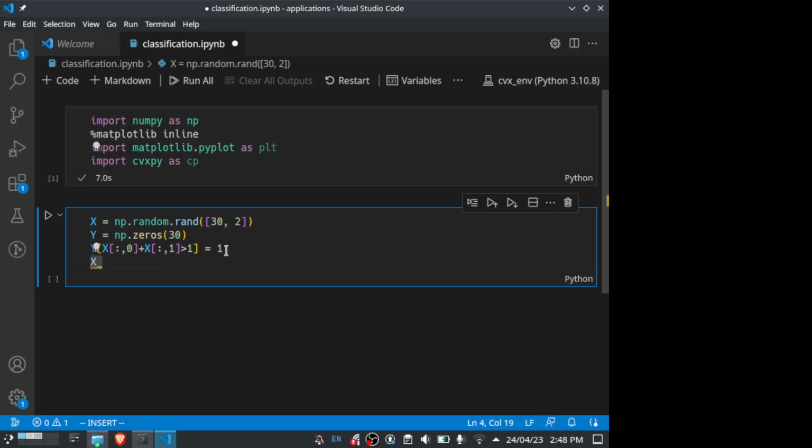Let me partition this. All those points which are labeled 1 are going to be put into x ones.